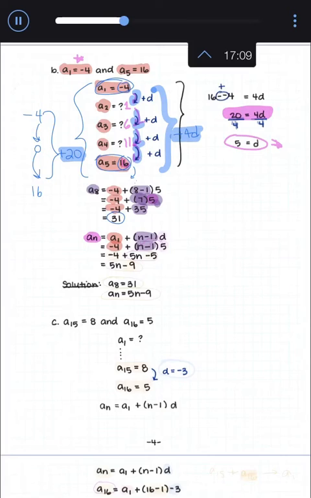The only thing mathematically that you can do is multiply out that 5, that d, to your n minus 1, which will get you 5n minus 5. Then you do have some like terms you can combine. You've got a -4 and a -5, which gives you -9. So we end up with 5n minus 9 is going to be our nth term. And we end up with our eighth term was 31, and we are done.